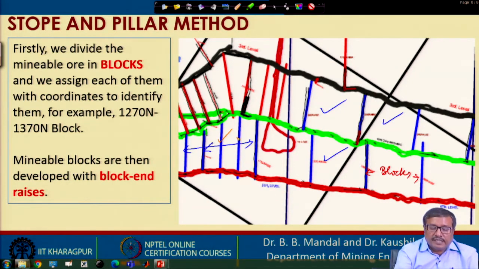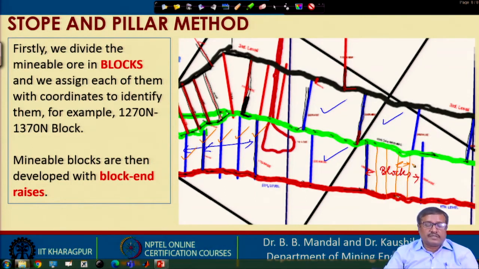So, we have raises like this, these are raises inside the block. Now, we can make raises in between also. The distance between two consecutive raises we will discuss later. Now, for one block, we have to identify this block, we have to give a number.